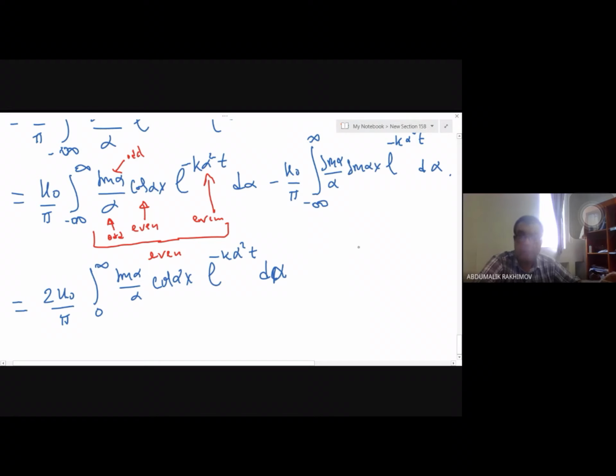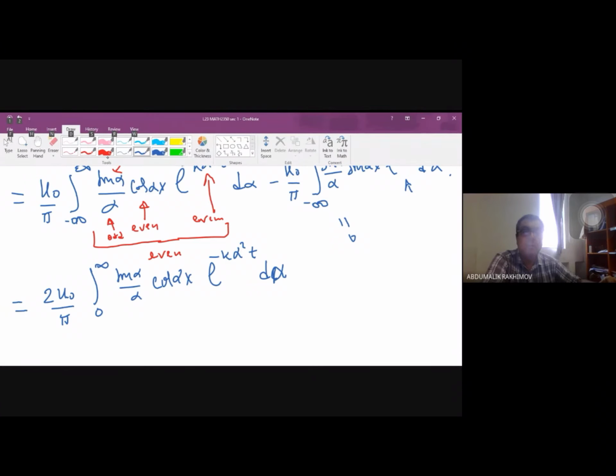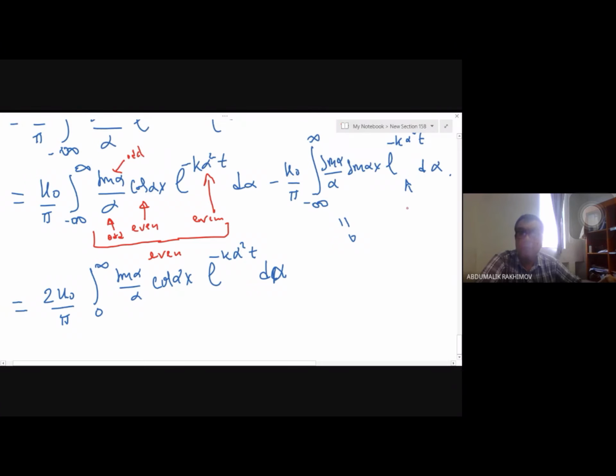Okay? So this integral is equal to 0 because this function is even, this function is even.